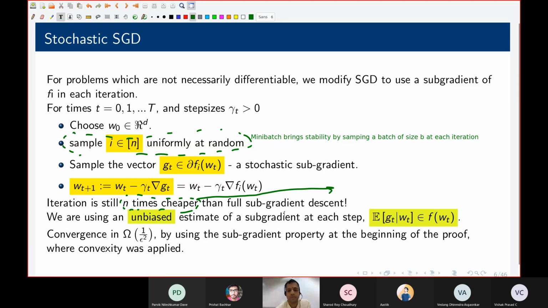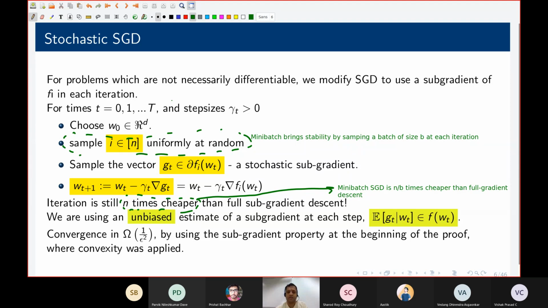With stochastic mini batch, it's n by B times cheaper, while having reasonably controlled variance.